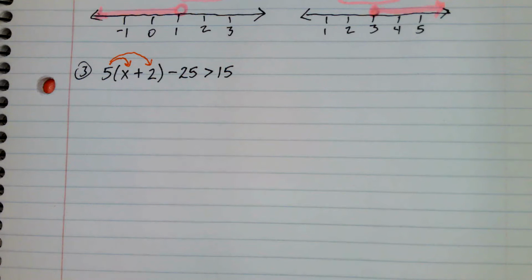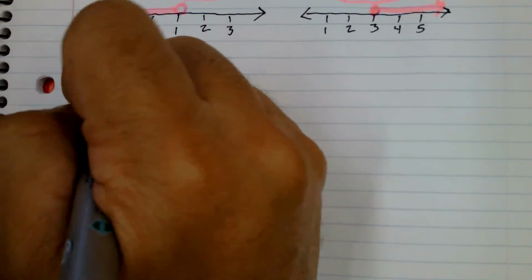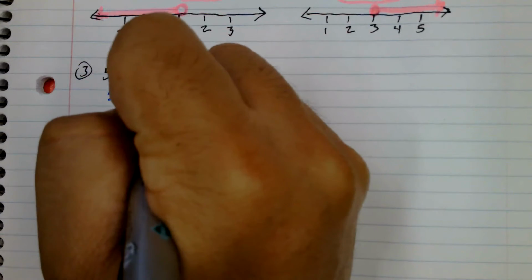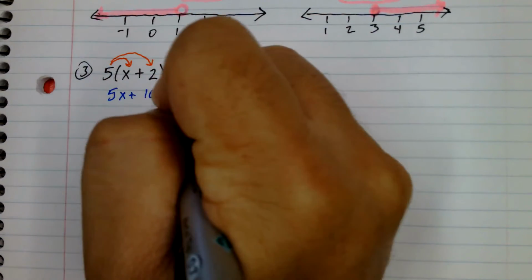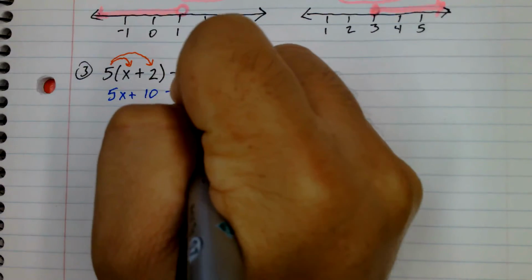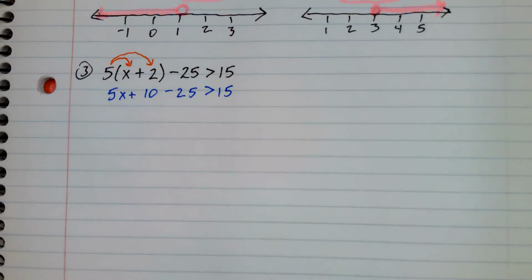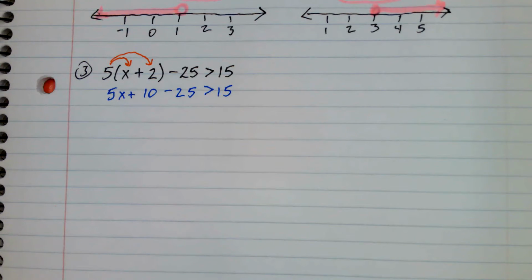So I want to undo the parentheses by distributing. And let's see what that would give us. 5x plus 10 minus 25 is greater than 15. Okay. So after you distribute, what do you check for after that?